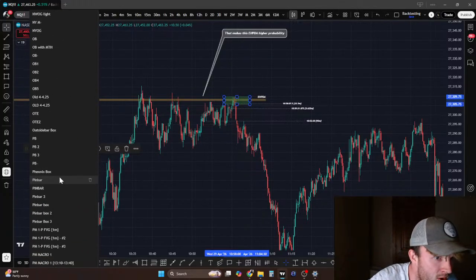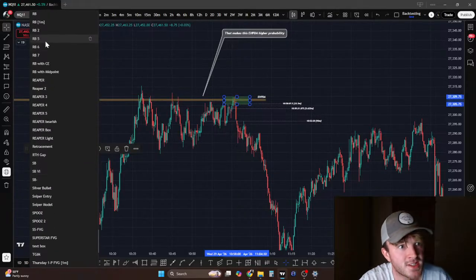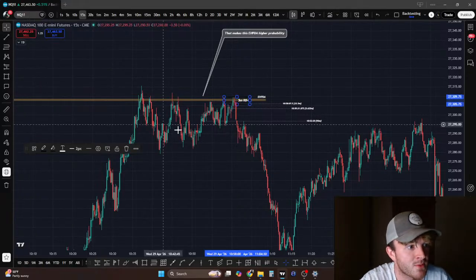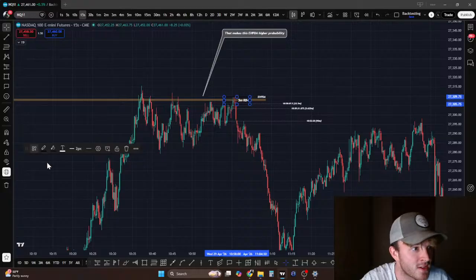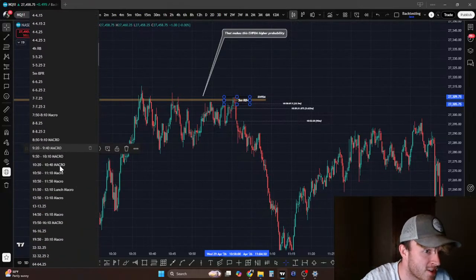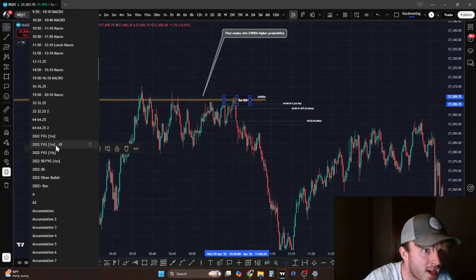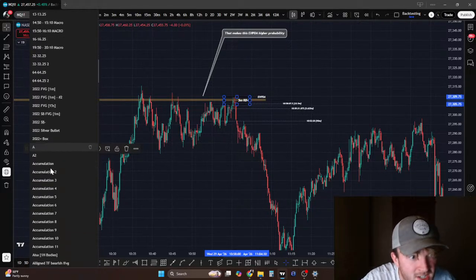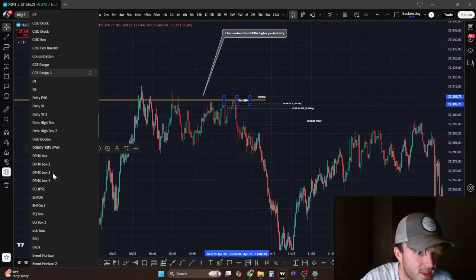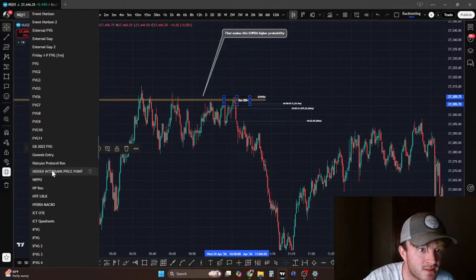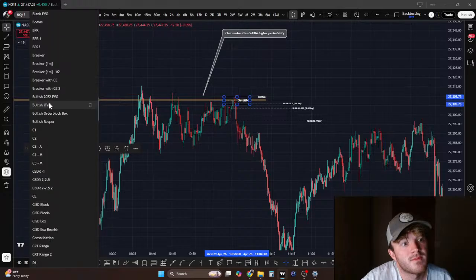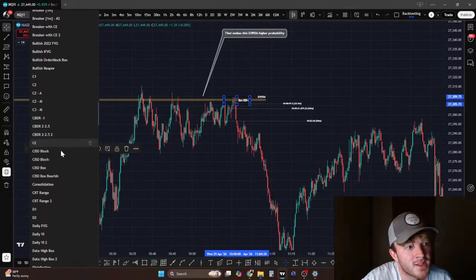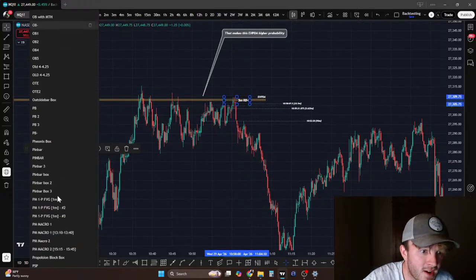So I think from now on, when I do rejection block trades, I'm not going to put the stop loss right at the rejection block. I'm going to go a little past it, right at the other side of it. Obviously, I'm sacrificing a fraction of an R, but I think it's beneficial because look at how close we get to it, right? So you have to be careful.